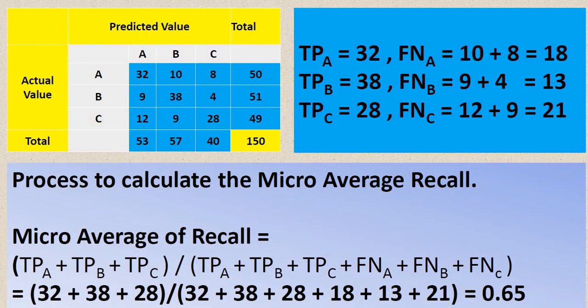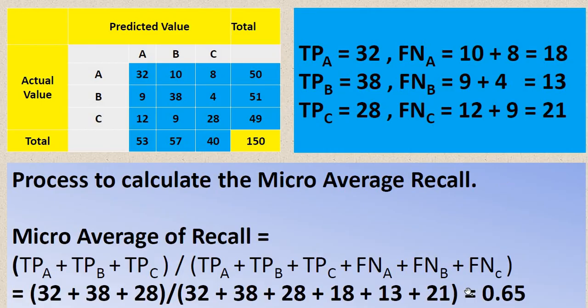Now to calculate the micro average of recall, this is my confusion matrix and this is how to get the true positive and false negative for each and every individual class. Then we'll put in the values to calculate the micro average recall, which will be the true positive for class A, which is 32, plus true positive of class B, which is 38, and true positive of class C, which is 28, divided by 32 plus 38 plus 28, plus false negative of class A, which is 18, false negative of class B is 13, and false negative of class C is 21.